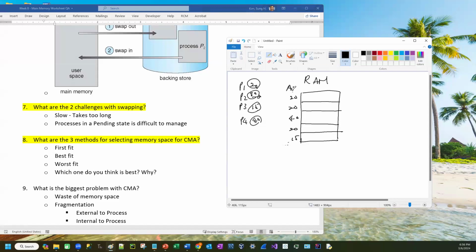So here's the available. So when 20 comes in, let's call these process 10, 20, 30, and 40 or whatever, right?